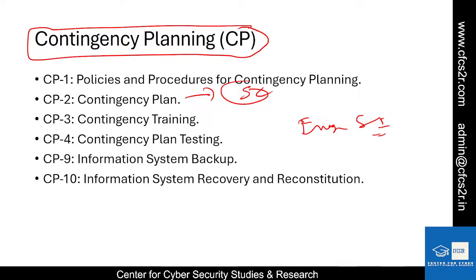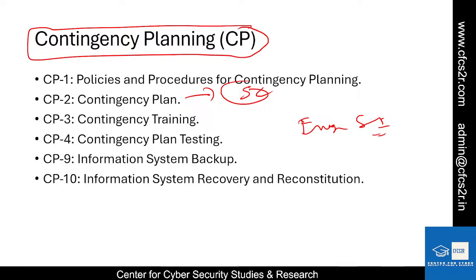Whenever we talk about cybersecurity supply chain contingency planning, it must include planning for alternative suppliers. You must take care whether you have alternate suppliers or not, because sometimes you are dependent only on a single supplier, and in that case things are not very good.